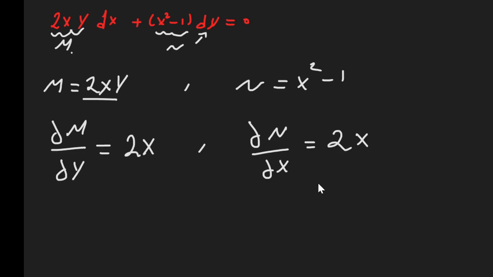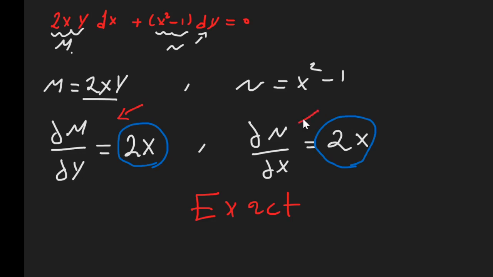Now, because these two are the same, the differential equation is going to be always exact if dm over dy equals dn over dx.